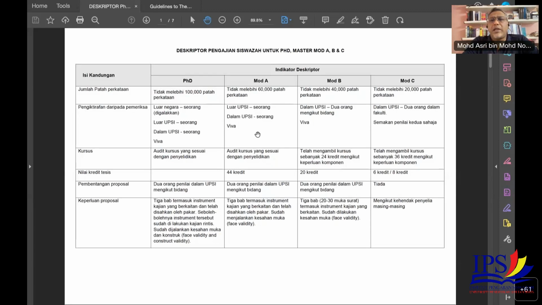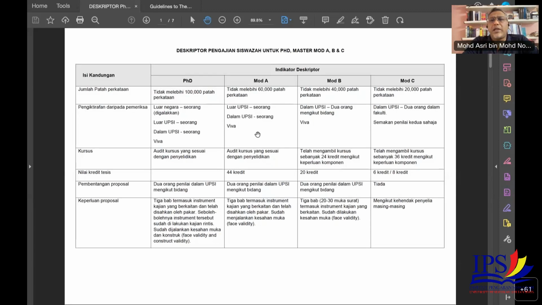And the credit value of your project paper is usually very small. For MOHD, it's between 6 and 8 credits for the project. So this is also very important to understand, so that you do not over prepare your project paper.